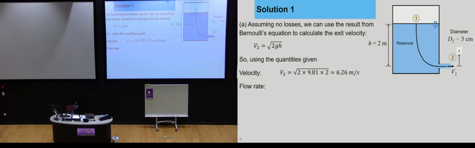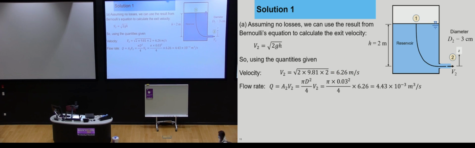So v2, we substitute in our values, it ends up being 6.26 meters per second. And the flow rate is equal to the area times the velocity. So the area here is going to be pi d2 squared upon 4. So here's pi d2 squared upon 4 times the velocity v2. We substitute in our values here, and we end up with a discharge of 4.43 liters per second. So that's the flow rate.